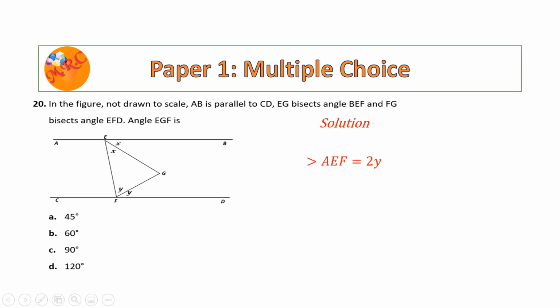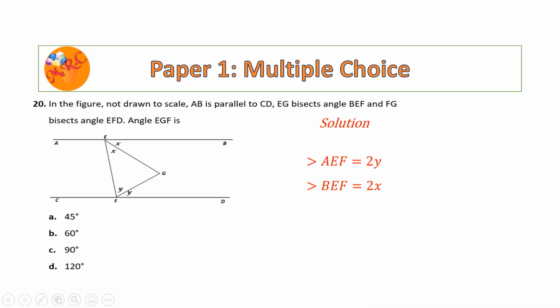We also know by looking at this that the angle BEF is 2x, because here is x and here is also x. So on this line, one angle on this side is 2y and the other on this side is 2x.